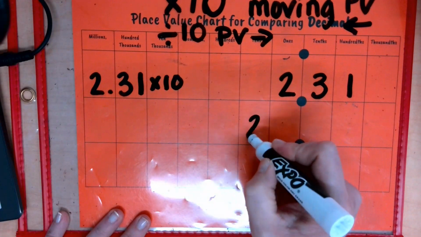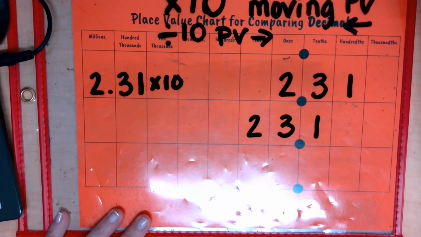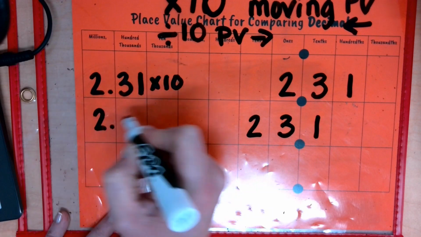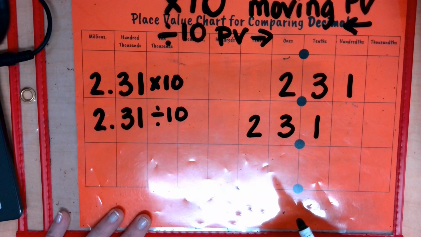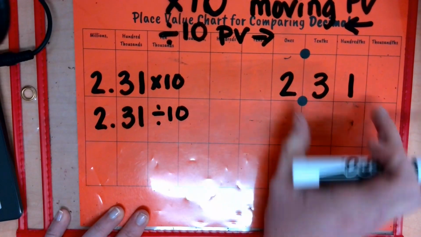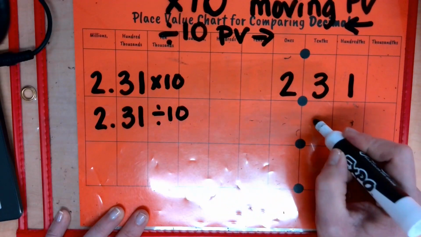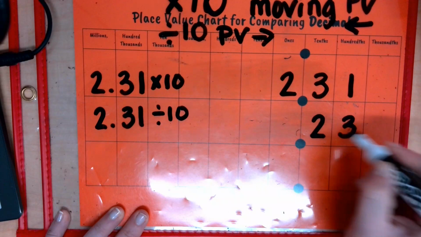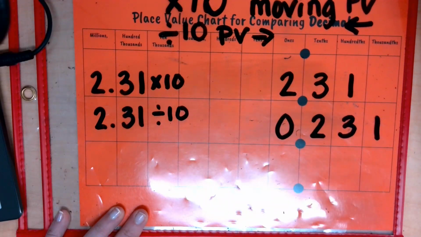Now I'm going to have 23 and 1/10. If I take my 2 and 31/100 and divide by 10, I'm going to do the opposite. I'm going to move one place value over to the right. So we'd have 231 thousandths, and we can put a 0 right there.